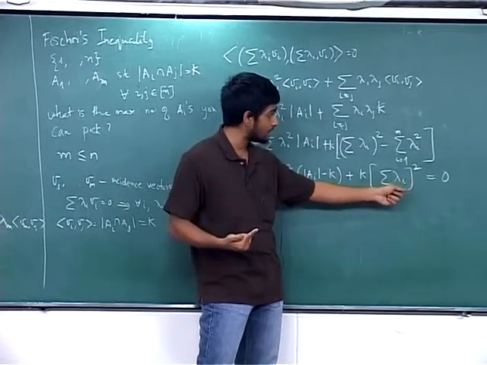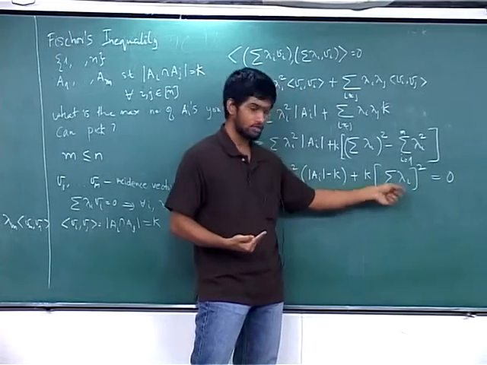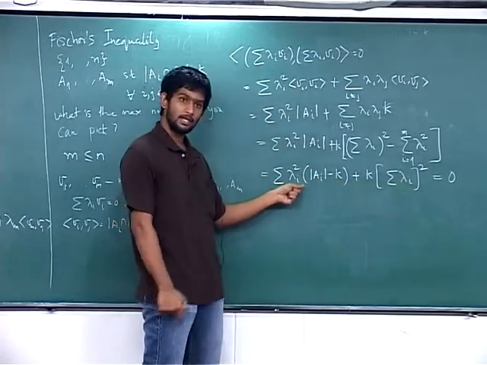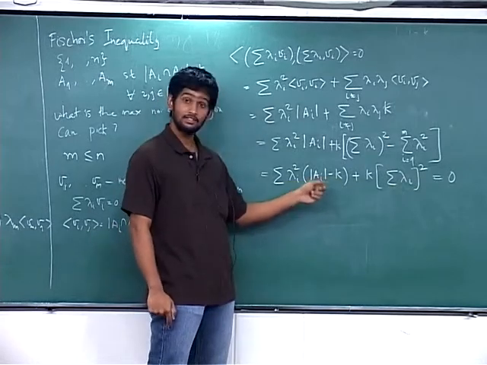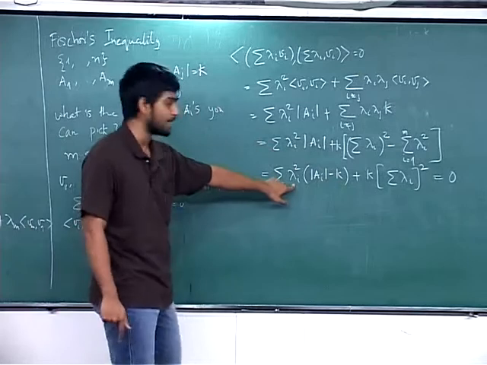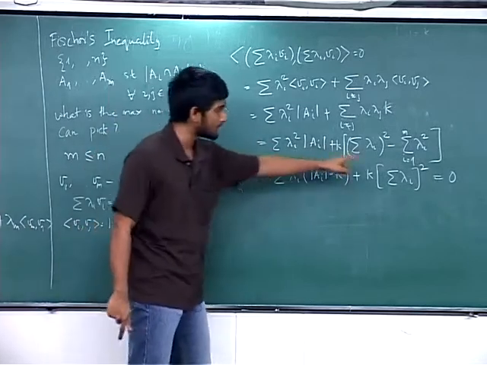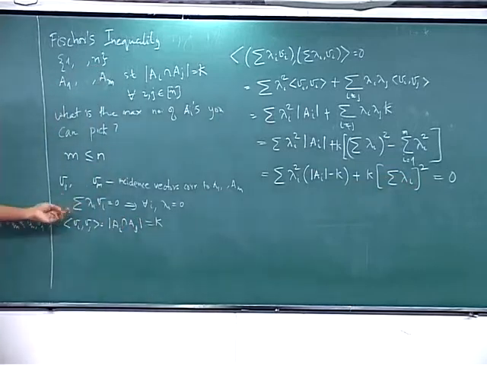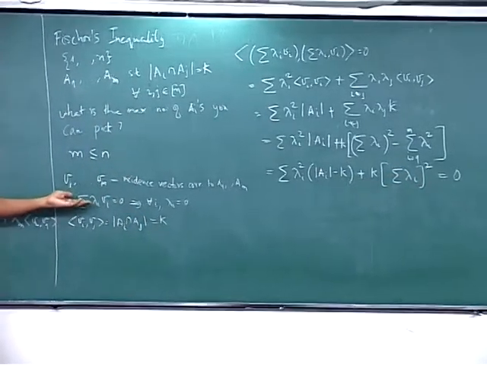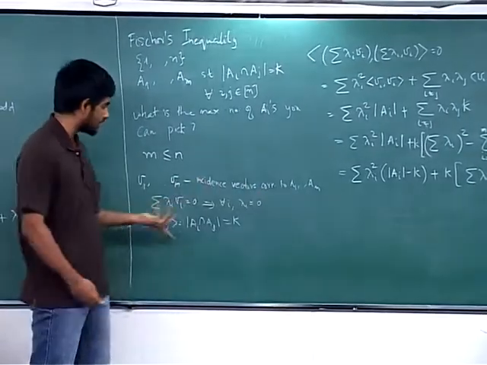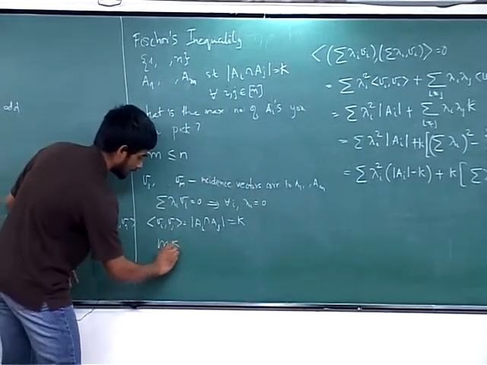But if there is one lambda i which is non-zero, for this sum to go to 0, there must be another lambda i which is non-zero. But then if there are two non-zero lambda i's, there can be only one ai which is actually equal to k. For the other ai, it is greater than k. So that lambda you can never kill off here. So this sum has to be greater than 0. This is a contradiction. So all these lambda i's must be 0, which means that these vi's are linearly independent, and therefore m has to be less than or equal to n.